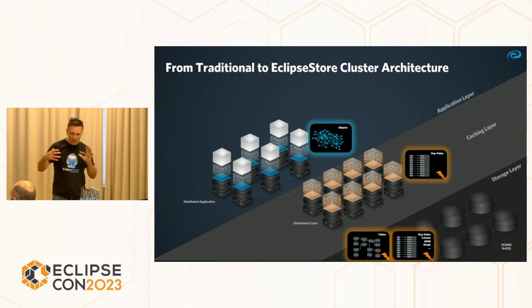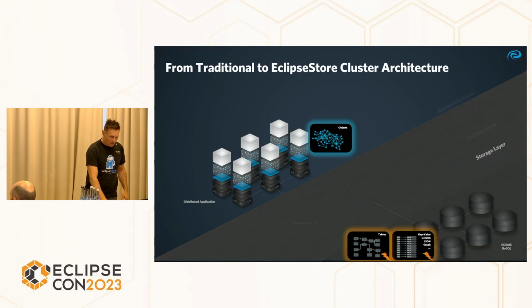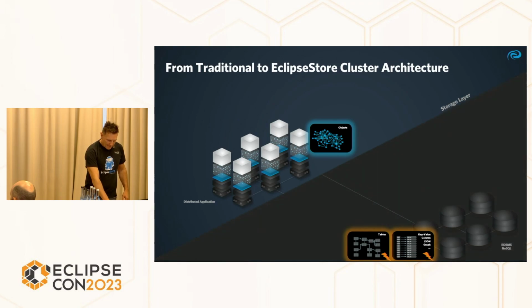And so we keep the data in memory. We don't need a distributed cache anymore. If you use distributed caches, with EclipseStore you don't need it anymore, because it works already like a distributed cache.